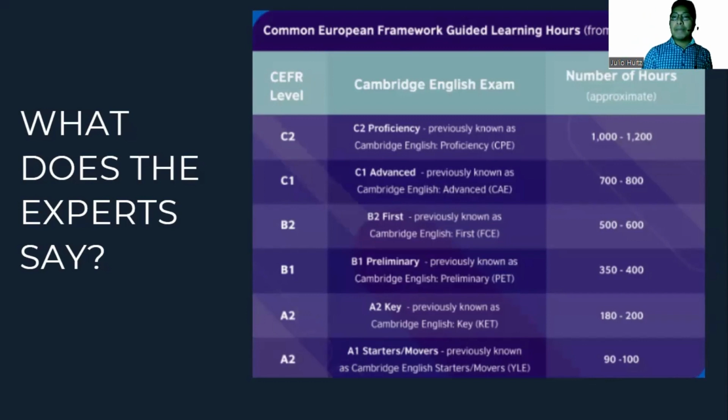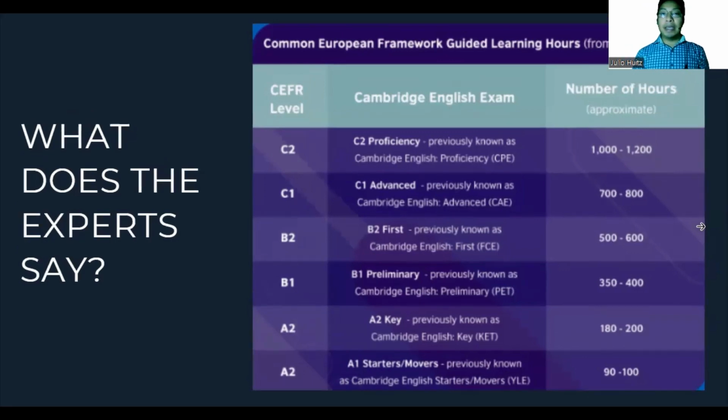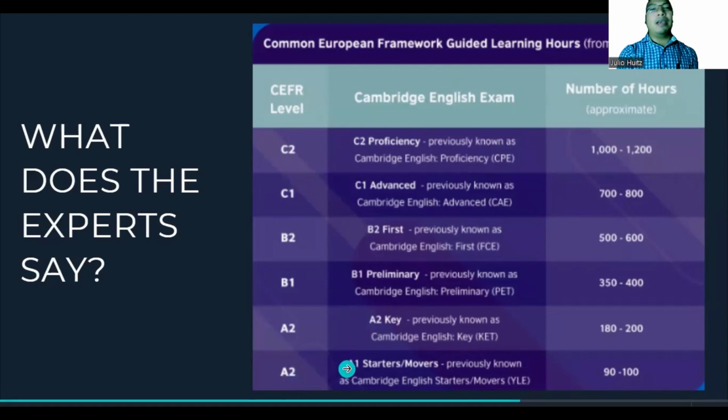I'm gonna base my speech on what the Common European Framework says about levels of how a person speaks English. In this case, you can see here that it is divided in many levels. Over here it says A2, but it should be A1.